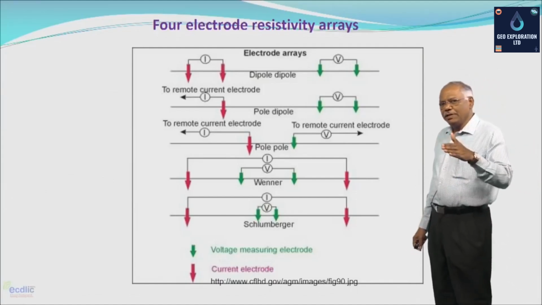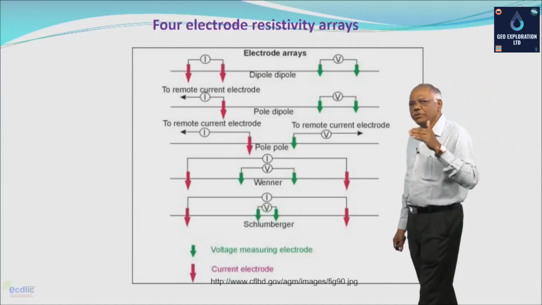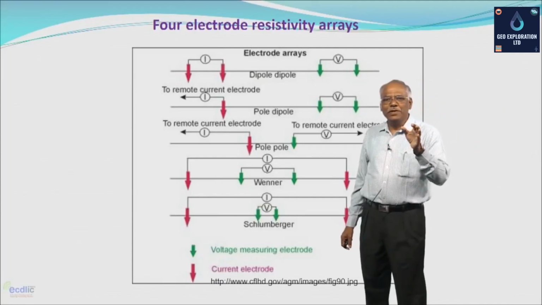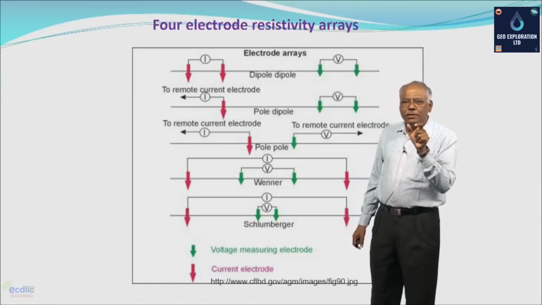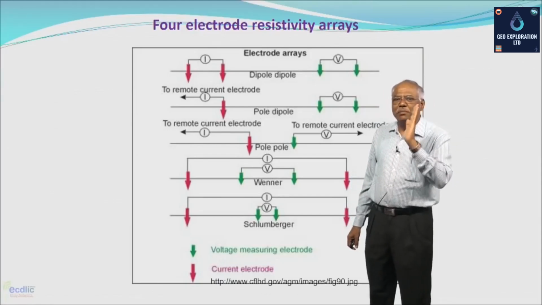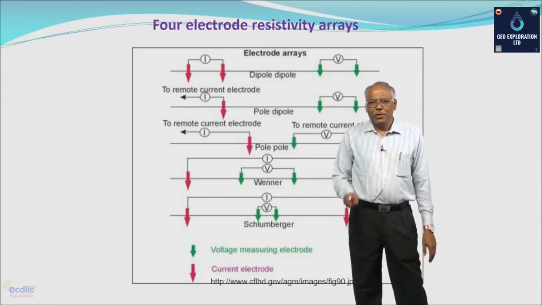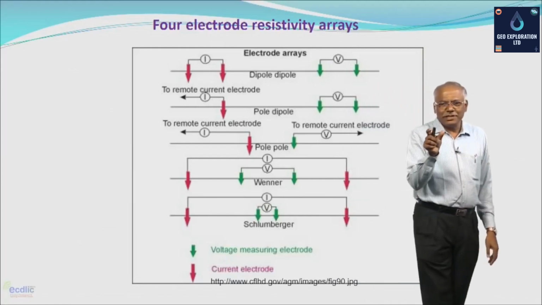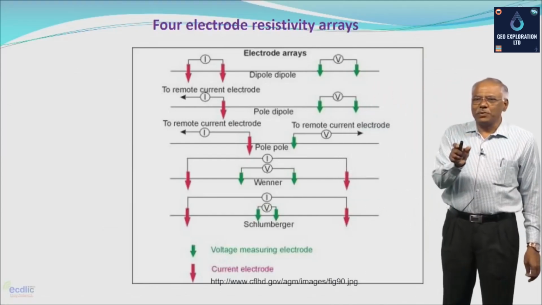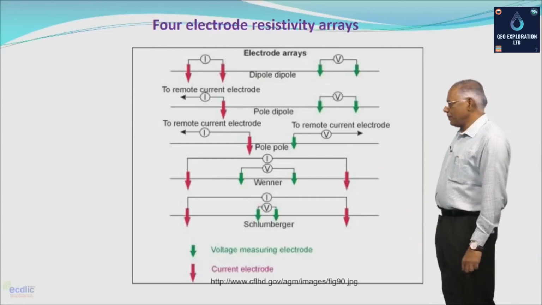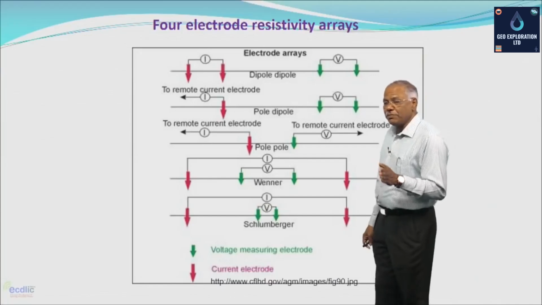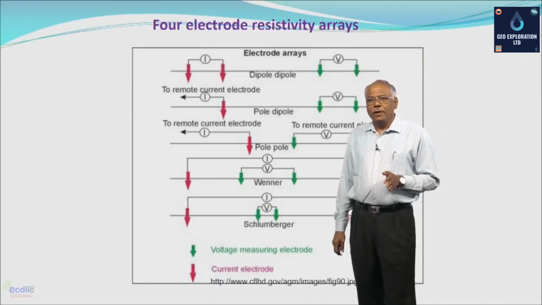On the contrary, the Schlumberger configuration also uses 4 electrodes, but the distance between successive electrodes is not the same as in the Wenner configuration. The distance between the potential electrodes is much less than the distance between the current electrodes, about 1/5 of the distance between the current electrodes.